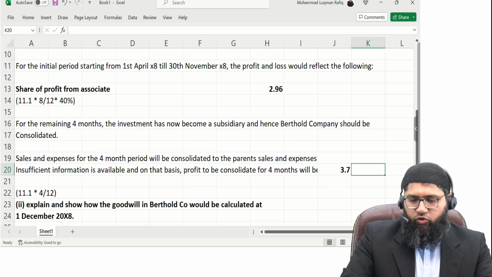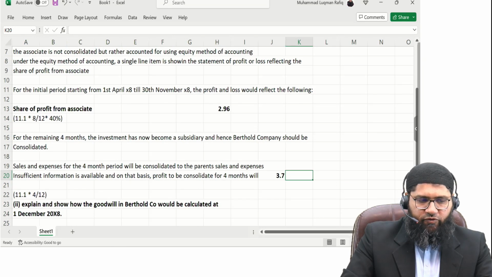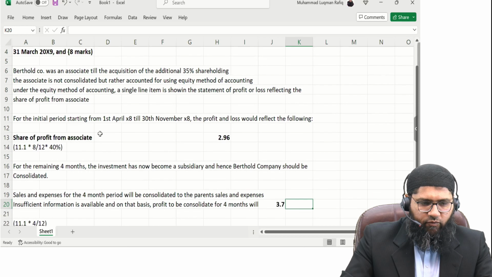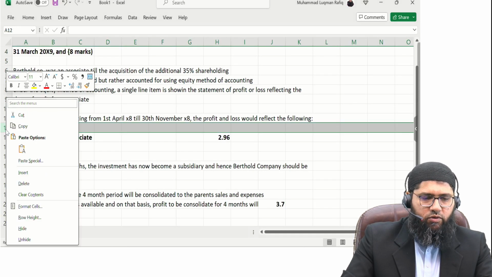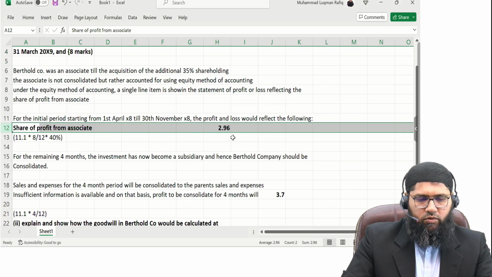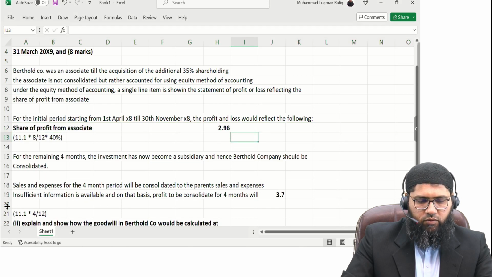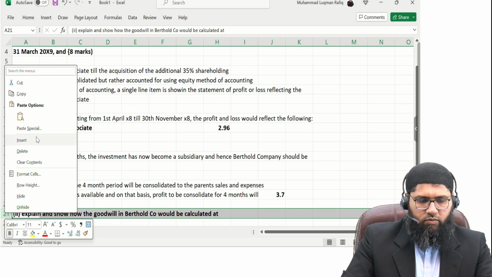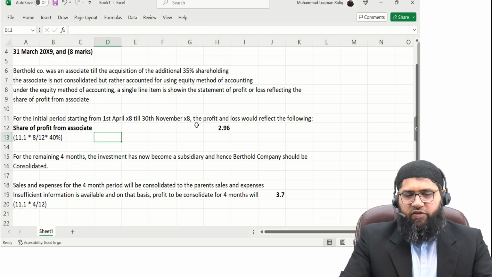So if I could just zoom out and help you see the whole of it, which I have done, so that you have an idea of what we are going to do. See if you understand this.